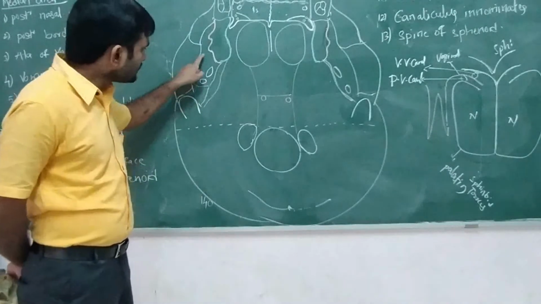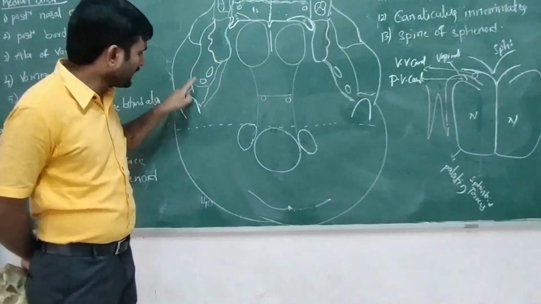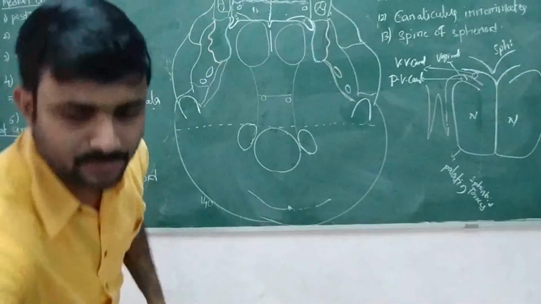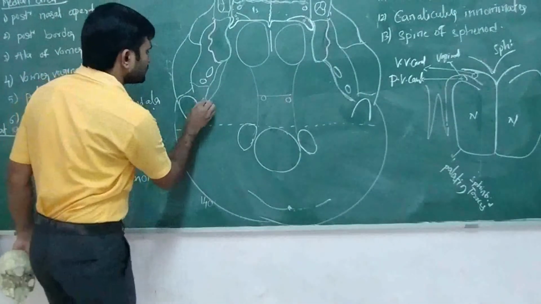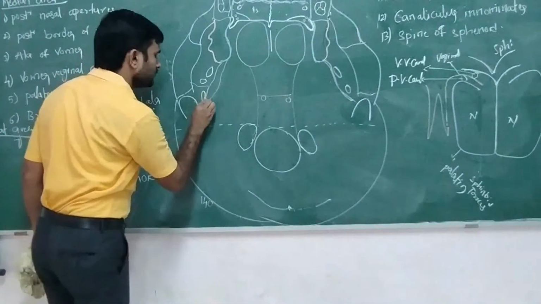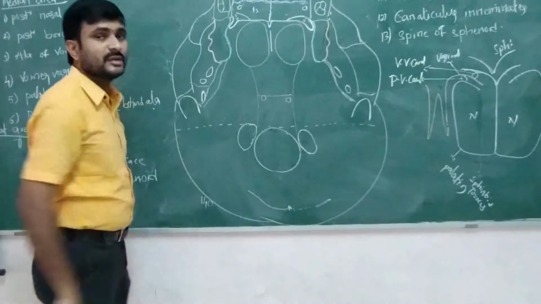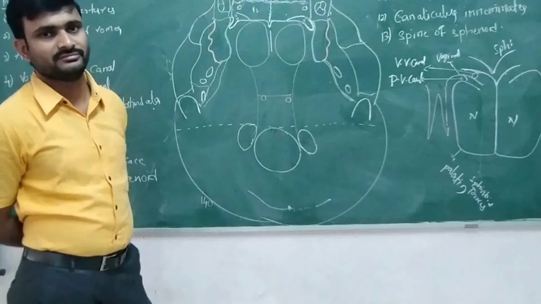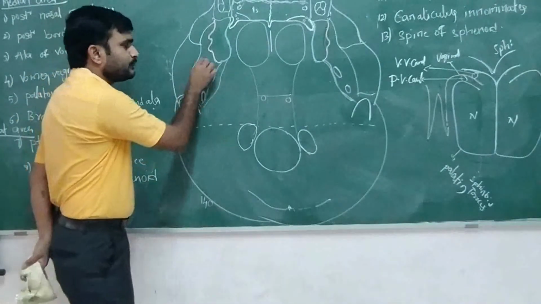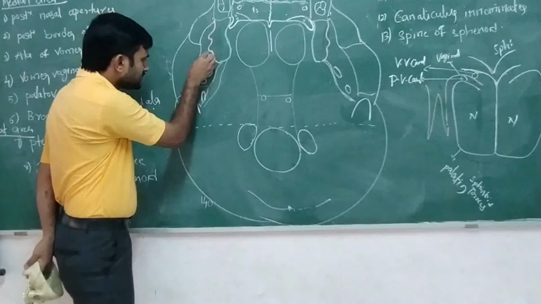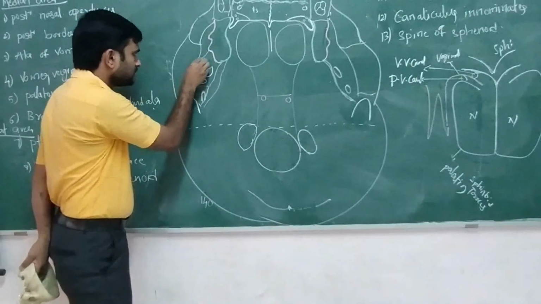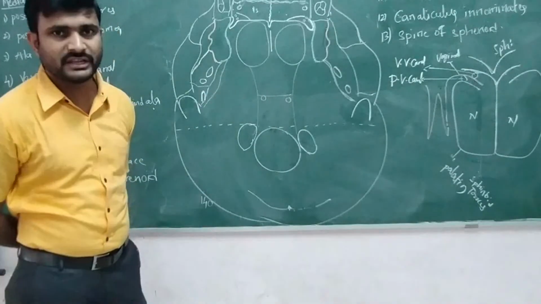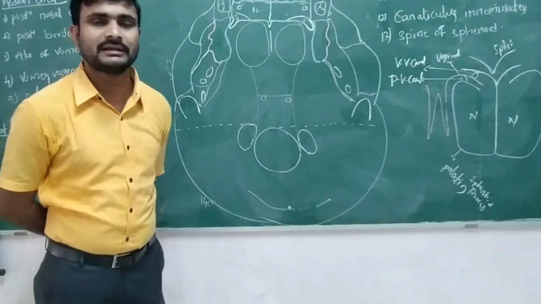Clear? And at the ending of this infratemporal part, we see a small bony projection. The bony projection is called the spine of the sphenoid. And this part laterally ends with one crest. The crest is called the infratemporal crest.